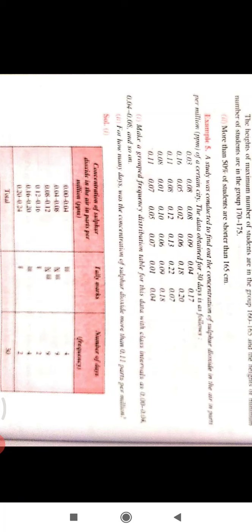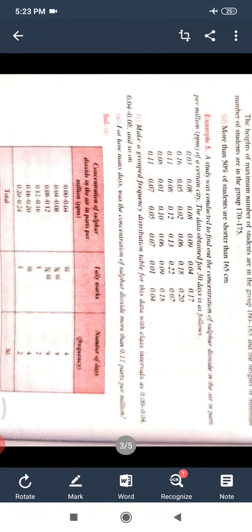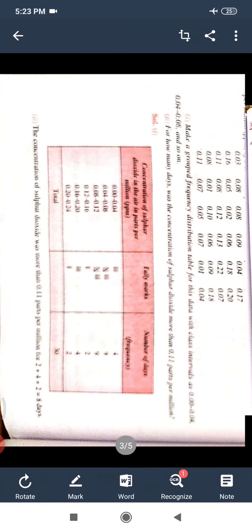What we have to do is prepare a grouped frequency distribution table using the class 0.00 to 0.04. This class you have used, and prepare the table.